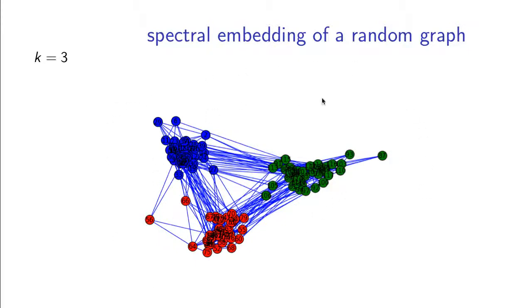So the way we got this drawing is that for every vertex v, we look at the entry v in the eigenvector of lambda 2, and the entry v in the eigenvector of lambda 3. This gives us 2 real numbers, and those 2 real numbers are the coordinates of the vertex in the drawing.